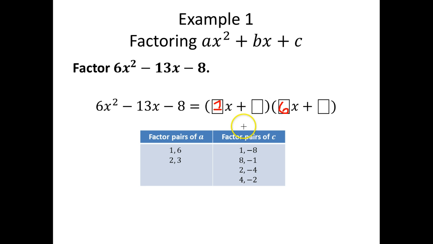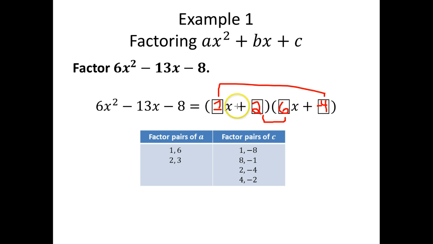Let's try the 2 and a -4. Okay. Once again, I don't need to check my first term here, because I already know I chose these numbers so that that would happen. 1x times 6x is 6x squared, and 2 times -4 is -8. So once again, I only need to check my outer and inner products. Let's see what I get here.